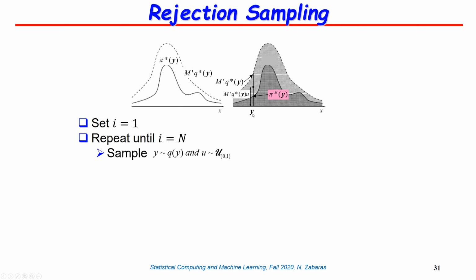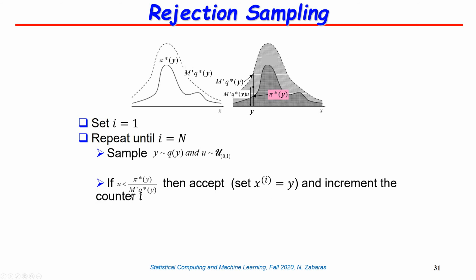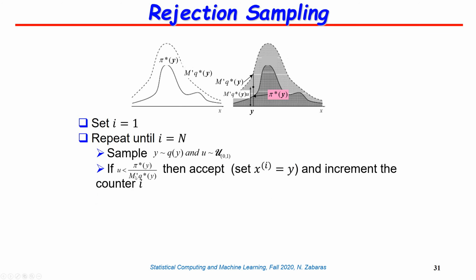So here's the algorithm. You sample a y, and this is what I have here. I'm sampling some y from the distribution Q of y, and I'm also sampling u from the uniform distribution, and then I'm checking if u is less than pi star of y divided by m star q star of y. So effectively I'm checking if u times m star times q star of y, and that's this dot point here, that's m prime q star of y times u, is less than pi star at this location of the sample y.